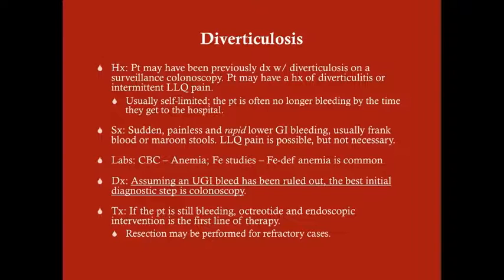But you just need to know that endoscopically you can do treatment that way while you're doing the diagnosis. Patients who get diverticular bleeding frequently, they can have resection. They have these refractory cases that go on and on, but that's a second-line therapy. Octreotide and endoscopic intervention is what you're going to do to treat patients who have an active diverticular bleed if you're going in for colonoscopy.